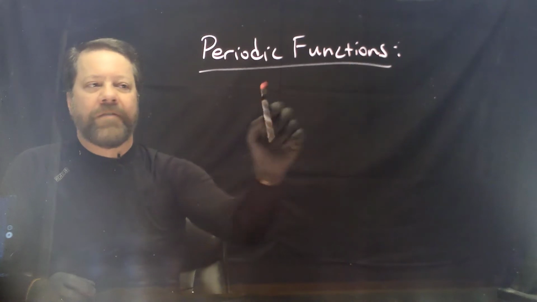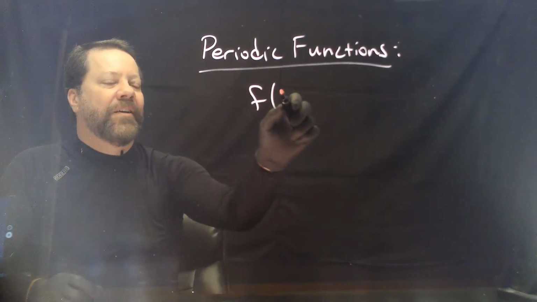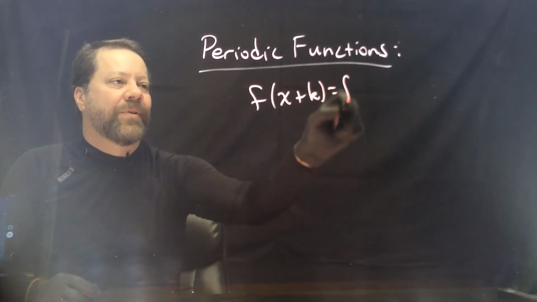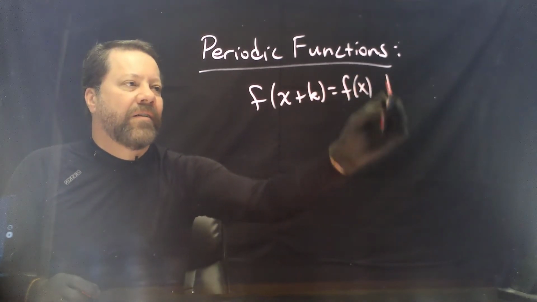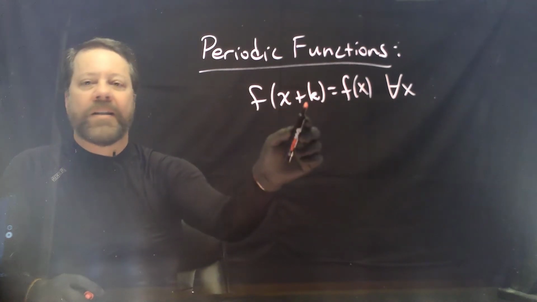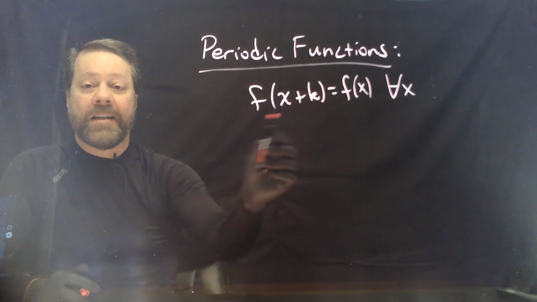You recall that a function is periodic if f of x plus k equals f of x for all x, and the smallest positive value of k is the period.